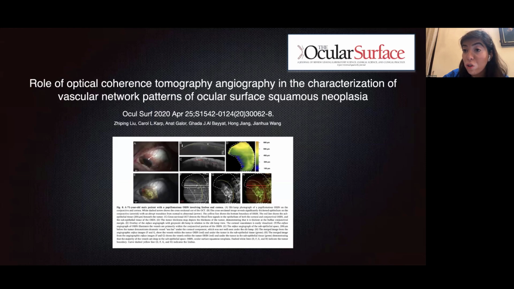OSSN and other ocular surface tumors, I think the baseline imaging nowadays to date is anterior segment OCT, and the ideal would be ultra high resolution.